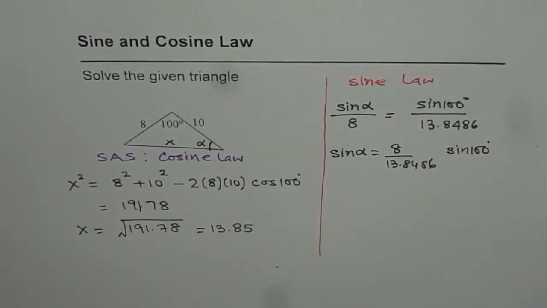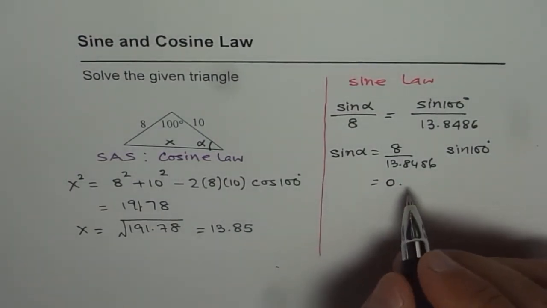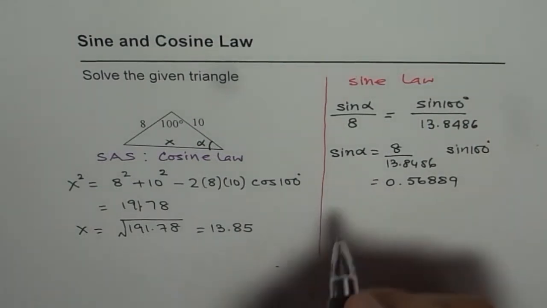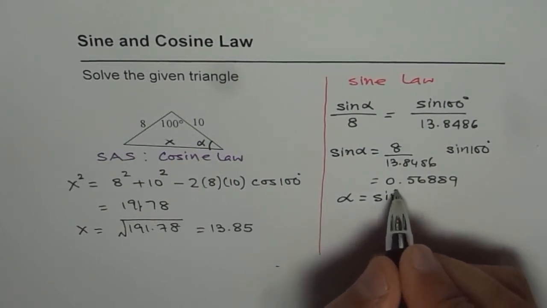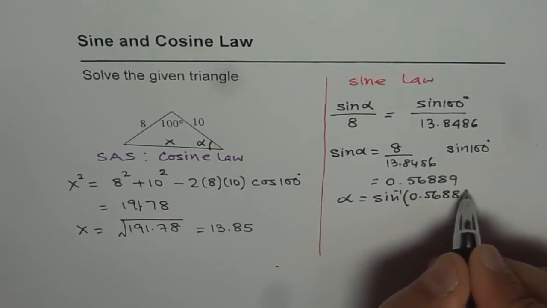So that gives us 8 divided by 13.8486 times sine of 100, which is 0.56889. So alpha, the angle, is equal to sine inverse of this, 0.56889.